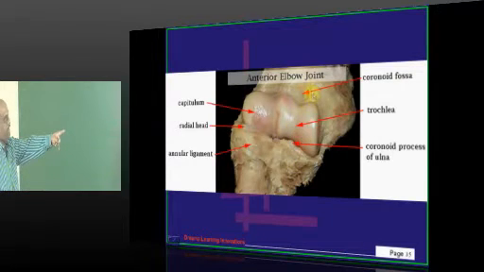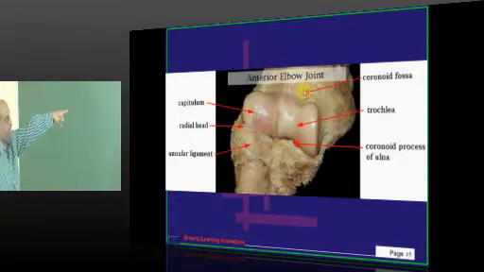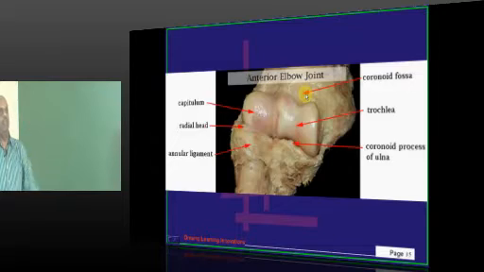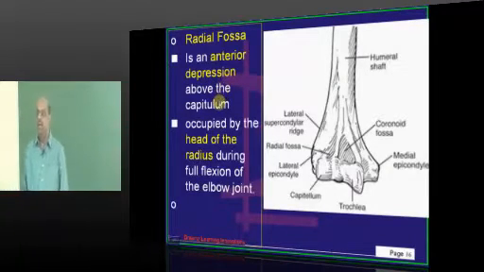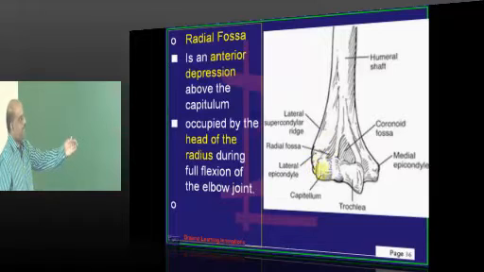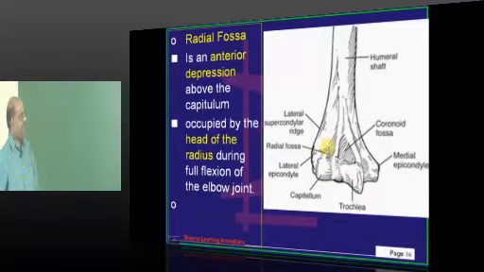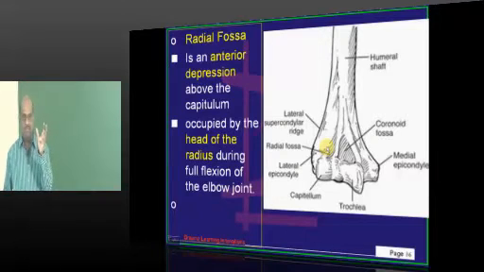You have a coronoid fossa, you have a trochlea, there is a capitulum, and here you have a coronoid process of the ulna which will be accommodated by the coronoid fossa whenever we flex. Then there is another important depression anteriorly in the lower end of the humerus which is called the radial fossa. Just above the capitulum you have the radial fossa. So the head of the radius is there, no?